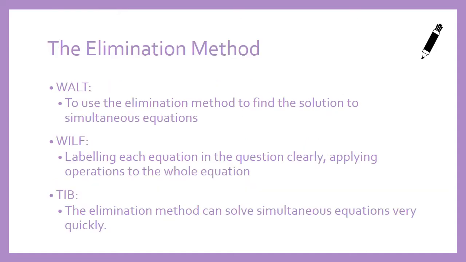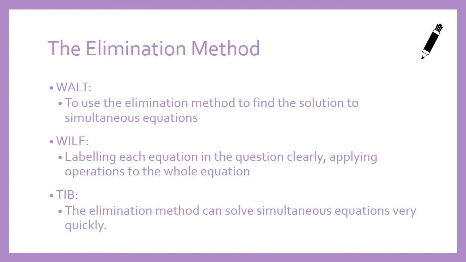Our WALT for this lesson is to use the elimination method to find solutions to simultaneous equations. Once again, I'm looking for you to label each equation in the question clearly, and you're going to have to apply operations to the whole equation at once. That's something we'll get into in more detail later in the lesson, but you've really got to see that equation as a single thing.